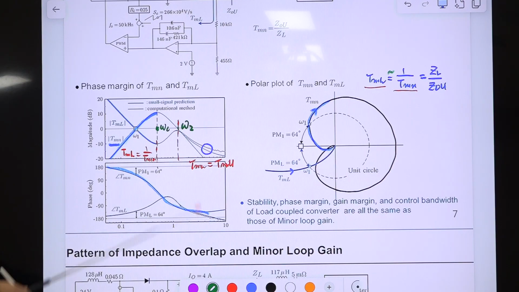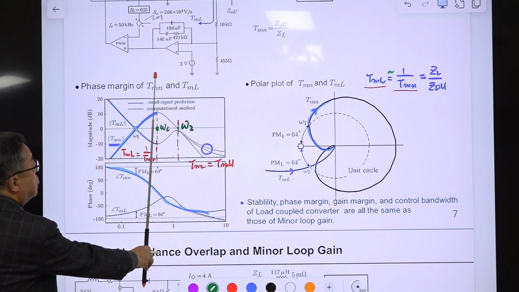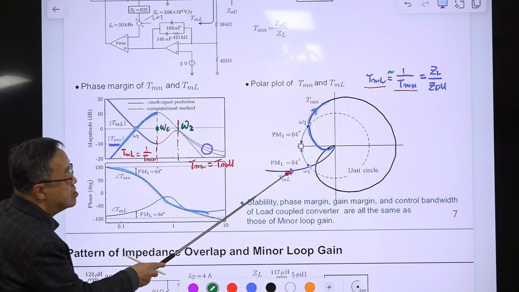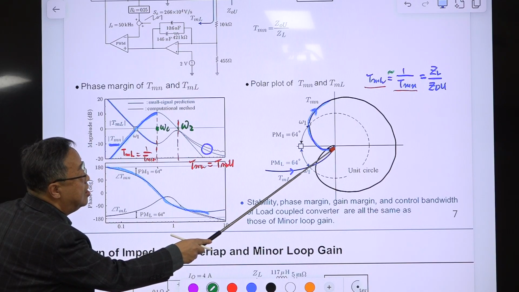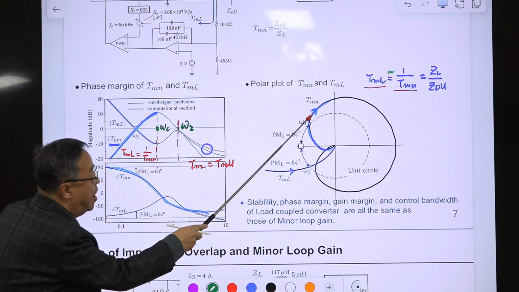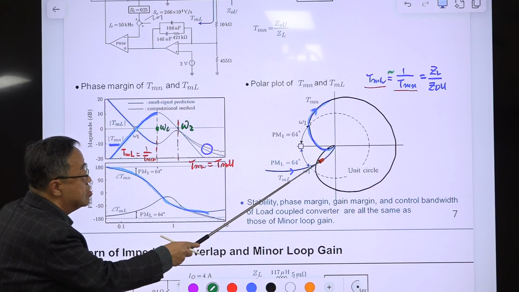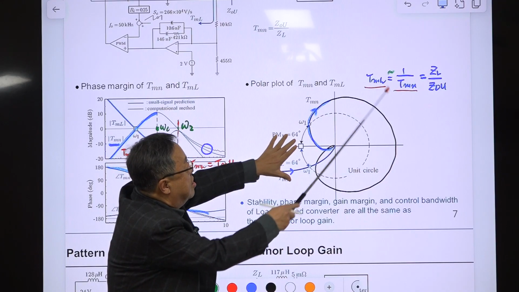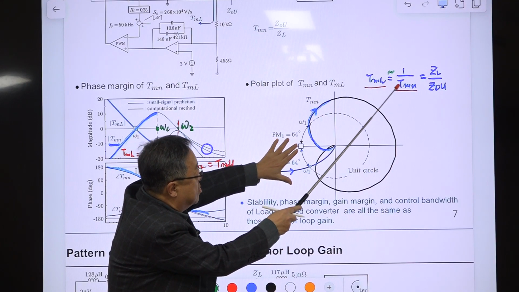Then this one is the result. In terms of the polar plot, up to omega c, this is the part of TML. TML is this one, and this is TMN, or this one is TMN and this one TMU. They have the same equation. One occurs here, and the other occurs there.